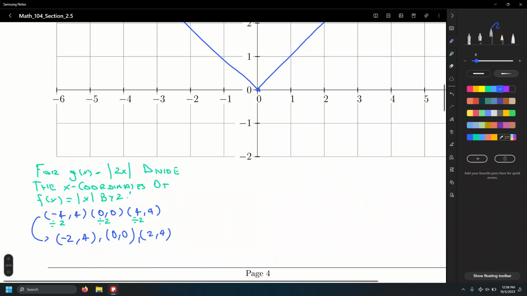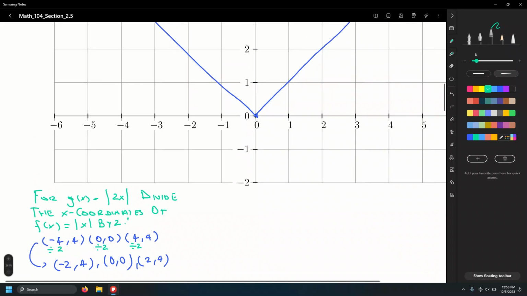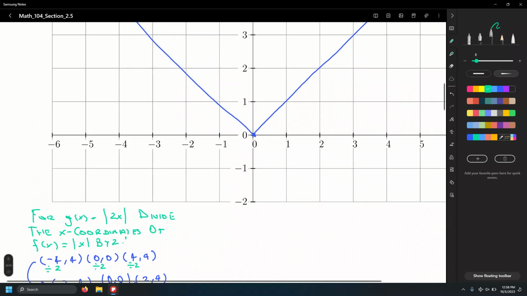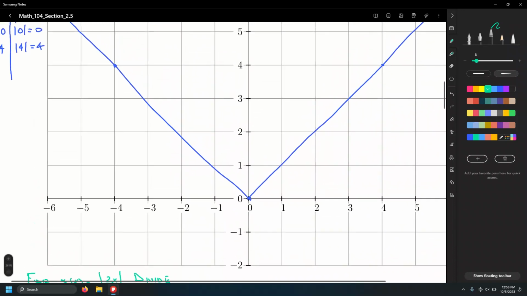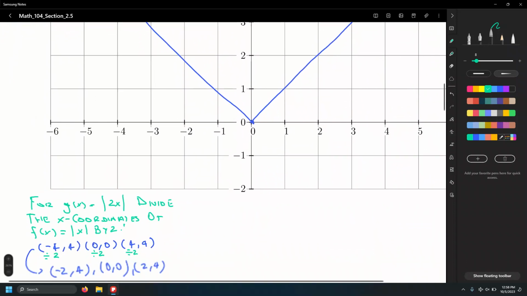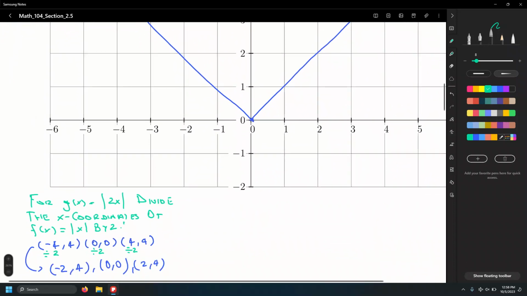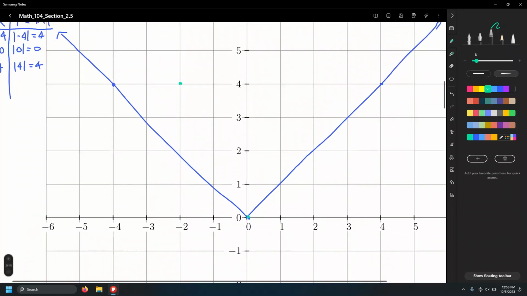So let's plot those points. Let me use the color coding here. That's -2, comma 4, that point. The second point will still be the origin, 0, 0. And 2, positive 4. So that gives us this graph.